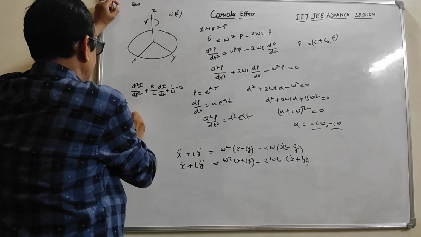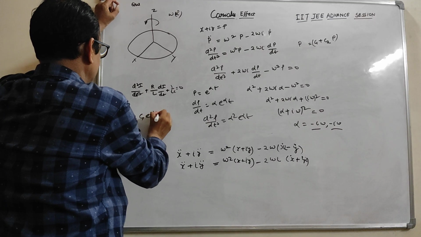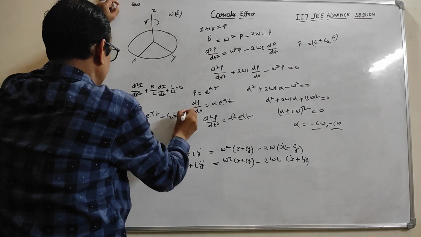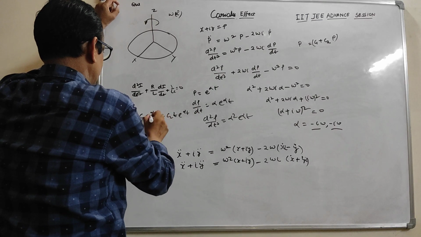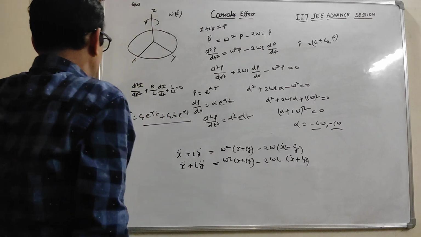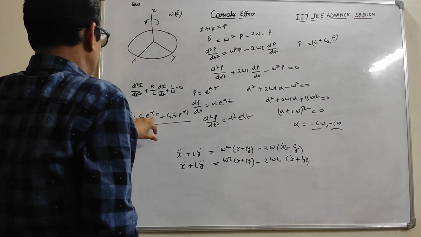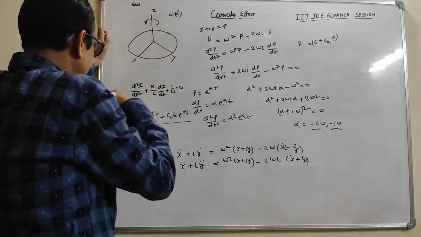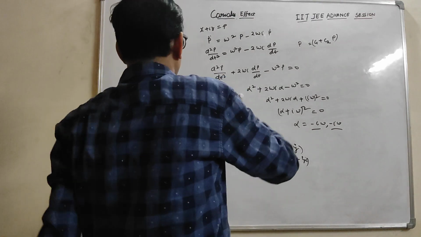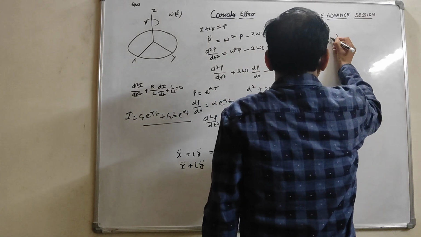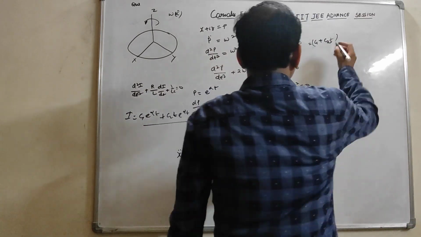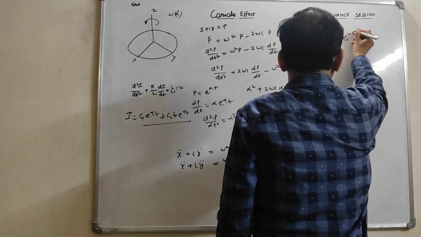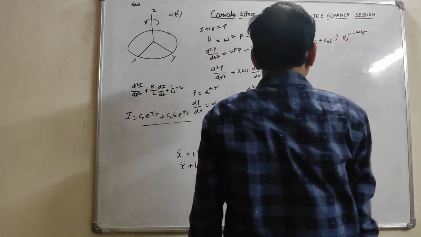Then we have to write i is equal to c1 e raised to power alpha t plus c2 t e raised to power alpha t, where c1 and c2 are constants, t is the time, and alpha is the root.